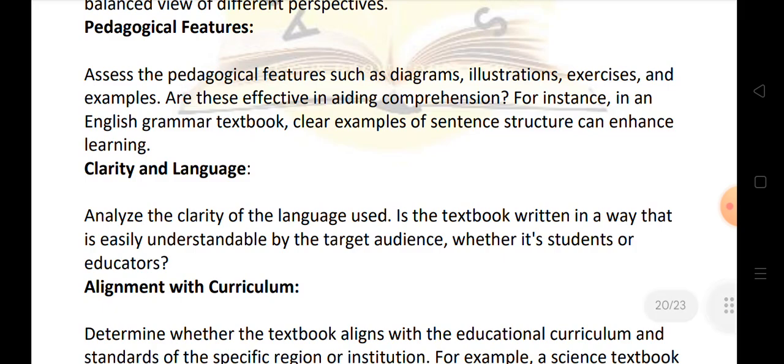Pedagogical features. Assess the pedagogical features such as diagrams. Science textbooks look very interesting because they have lots of diagrams, illustrations, exercises, and a lot of examples. That's why those who study science enjoy science a lot, because 50% of the homework is done by the diagram alone.